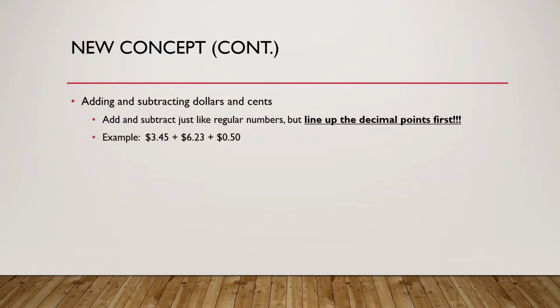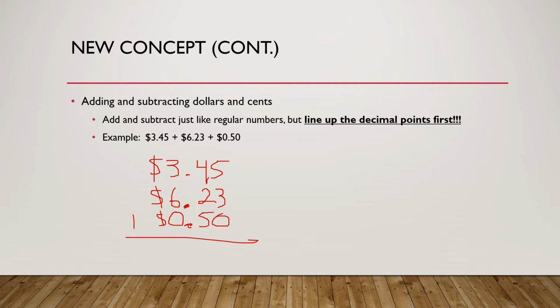So here's an example: $3.45 plus $6.23 plus 50 cents. So we're going to line these up. 3.45, 6.23, and now I'm going to make sure I line my decimal point up so that my cents and my dollars are all in the right spot. And 50 cents.